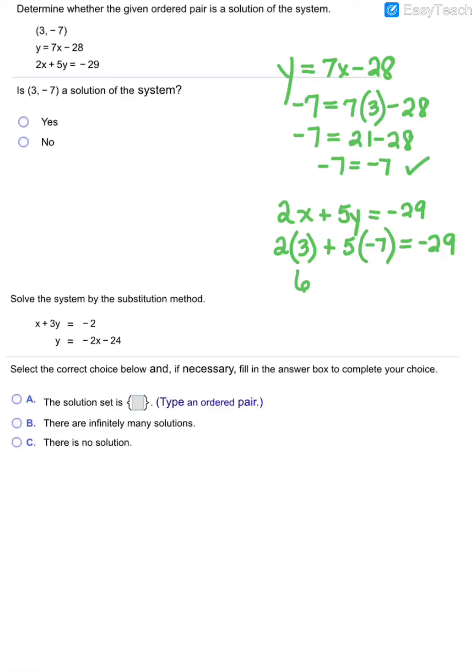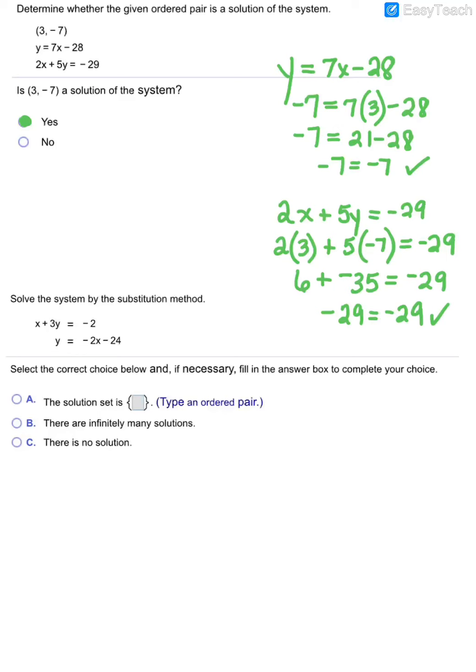So 2 times 3 is 6. 5 times negative 7 is a negative 35. Does that equal negative 29? And so when I add positive 6 plus negative 35, I am left with negative 29, and that does equal negative 29. So in this case, yes, that ordered pair is a solution.